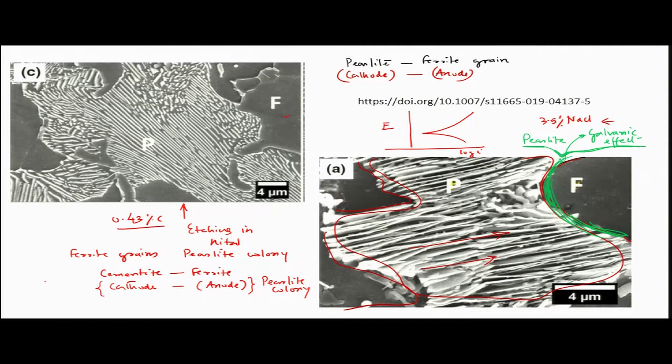So, this is the galvanic contact point where pearlite colony acts as cathode and ferrite grain acts as anode. So, that is what you have, dissolution of ferrite close to that contact, and then as you go away from the contact point, the dissolution depth decreases gradually and finally, it becomes almost of the same level as the pearlite level. Okay. That is what I wanted to bring in this particular picture.